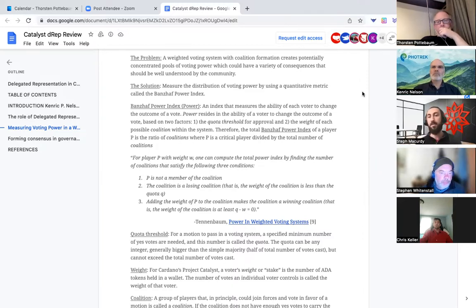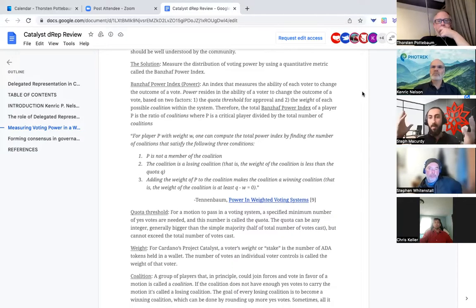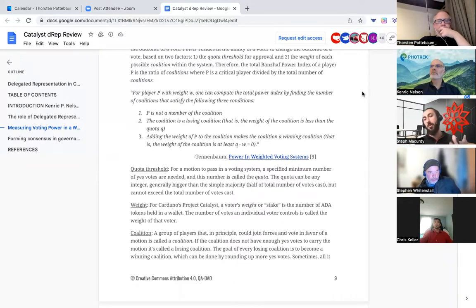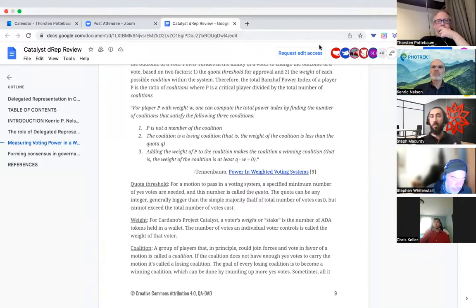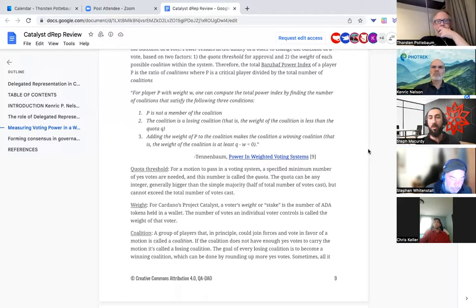Then you collect every time that happens in every possible coalition within a particular vote, add that up and divide it by the total number of times that occurs, and you get a percentage of what their power is. That percentage of power is not what their actual weight of ADA tokens is, or the weight with which they entered the vote.